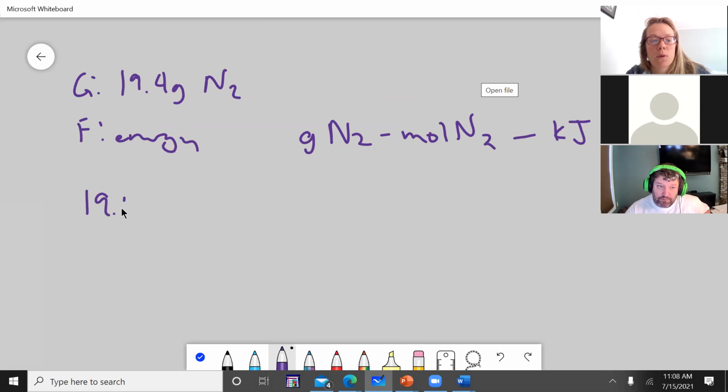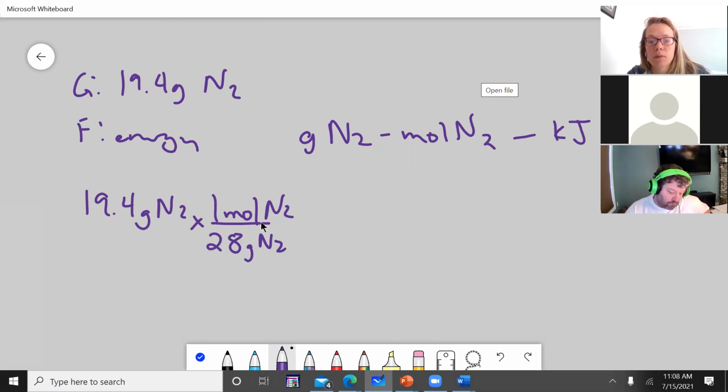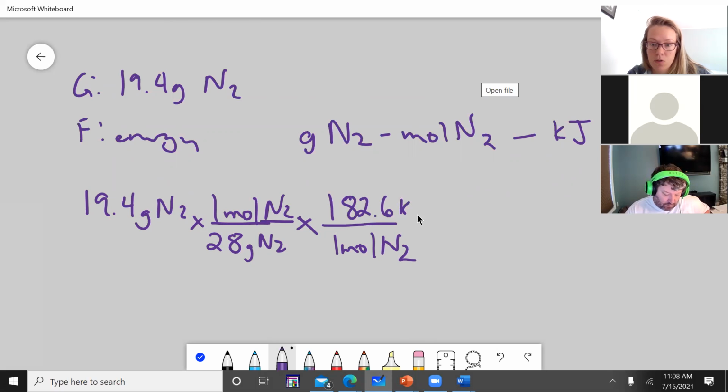Well, 19.4 grams of N2, for every 1 mole of N2, we get 28 grams of N2. Why is it 28? Diatomic. Then the relationship says that for every 1 mole of N2, 182.6 kilojoules is absorbed.